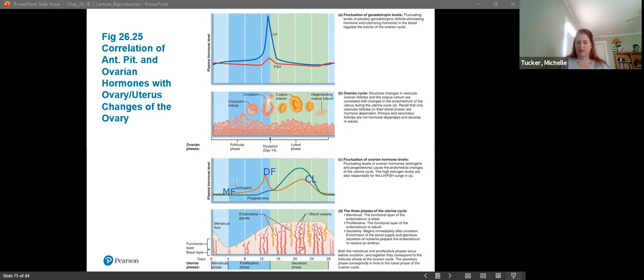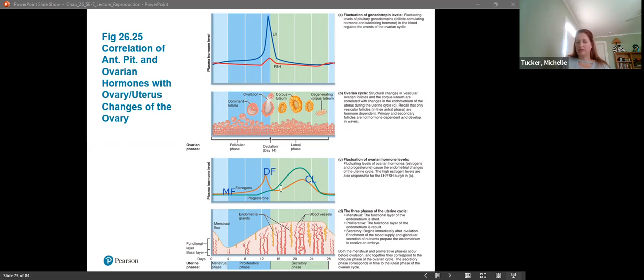Then this low level of estrogen inhibits the hypothalamus and anterior pituitary, and it causes this dip in FSH. So most of the maturing follicles attrit. The dominant follicle continues to grow, continues to produce estrogen. That triggers the LH surge and ovulation.